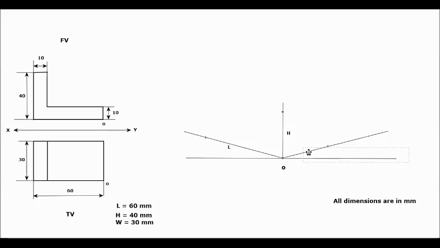After doing this length, height and width marking, we have to complete the box. From the length marking, you have to draw a line parallel to the vertical line. From the width marking, you have to draw a line parallel to the vertical line. Then from the height marking, you have to draw a line parallel to the 30-degree inclined line on the right side.